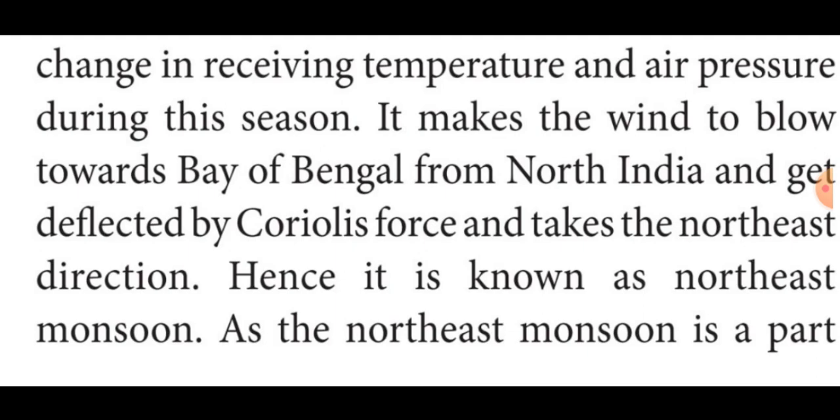Then it makes the wind blow from North India to the Bay of Bengal and bring the wind from the Bay of Bengal to North India. So it is known as northeast monsoon.